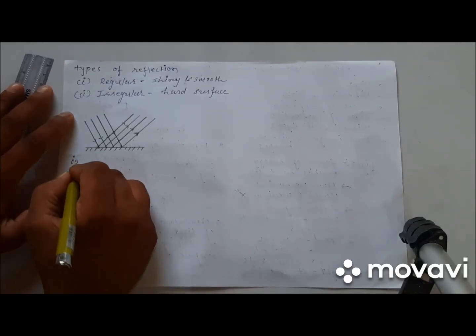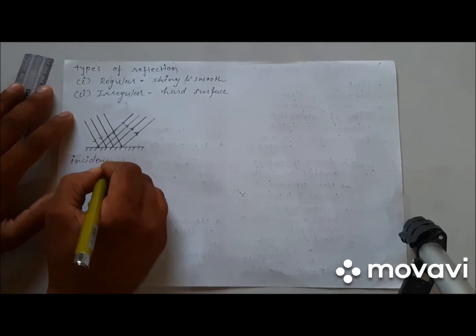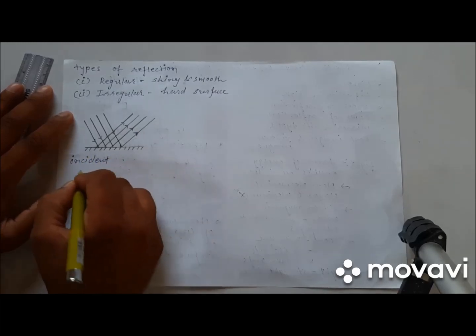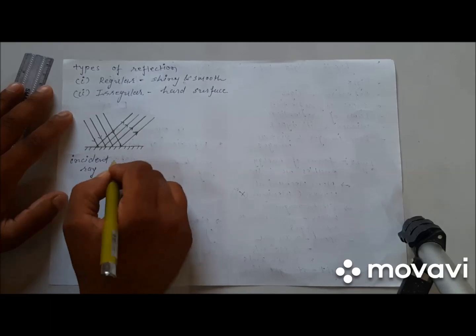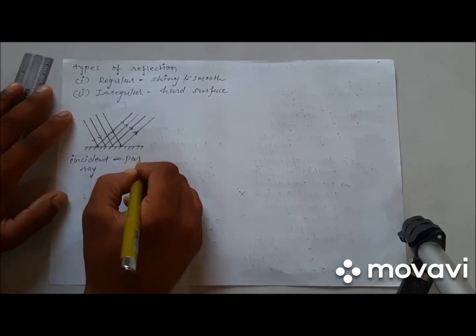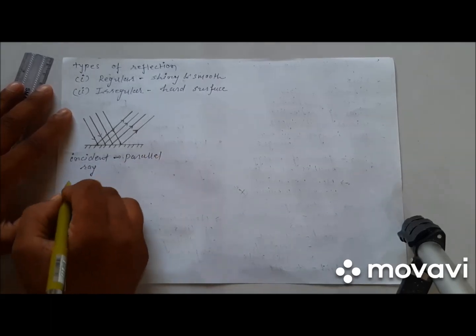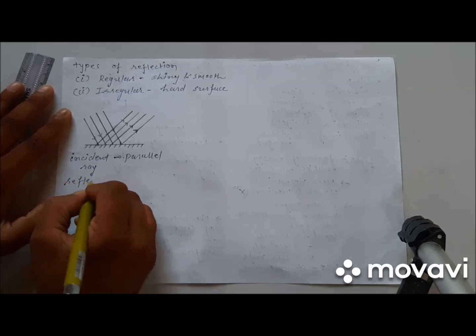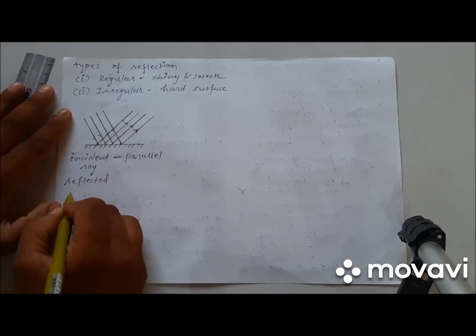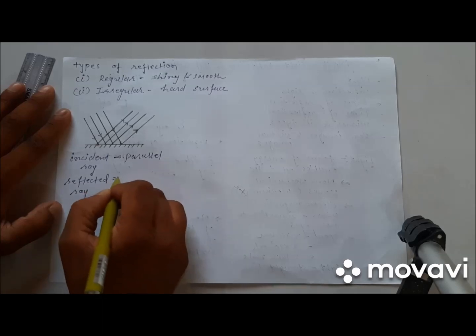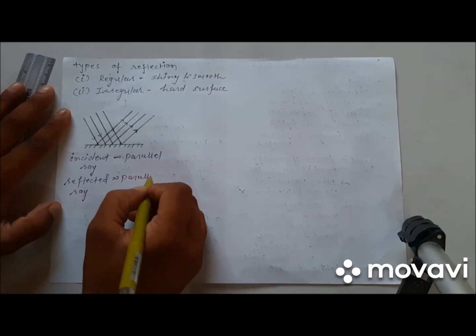So here you can say that the incident rays are parallel, and the reflected rays are also parallel.